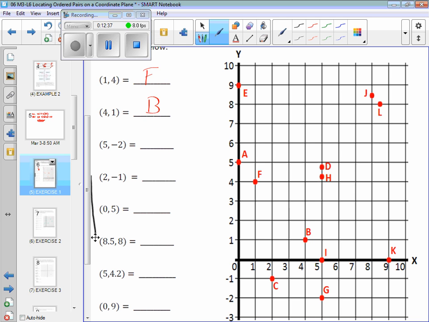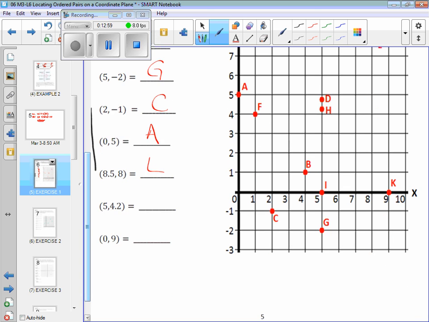She is correct. 2, negative 1. Luke. 0, 5. Kurt. 8.5, 8. Marcus. 5, 4.2. Alex. 0, 9. Okay, any questions on this?